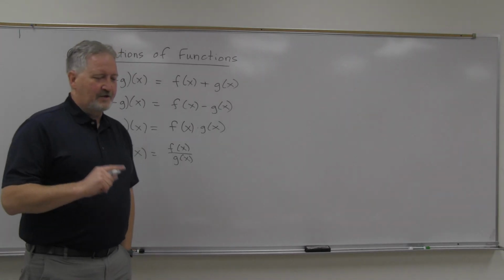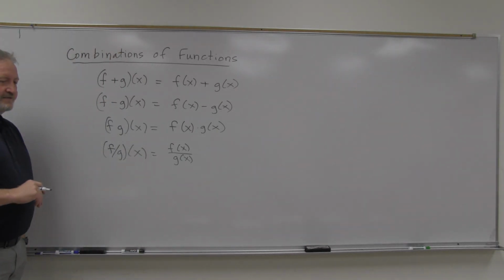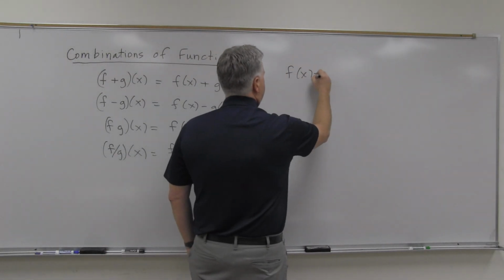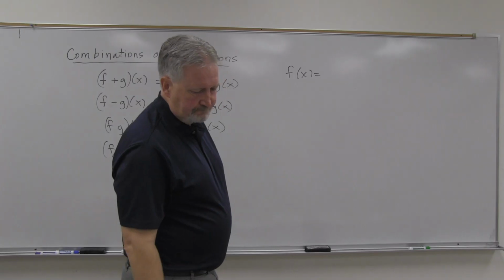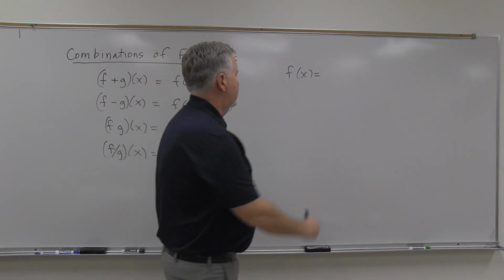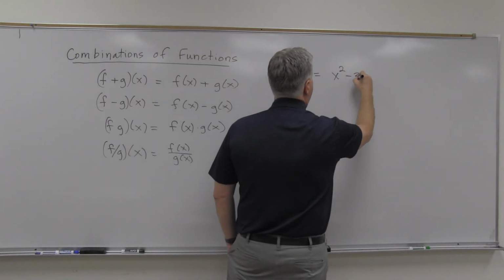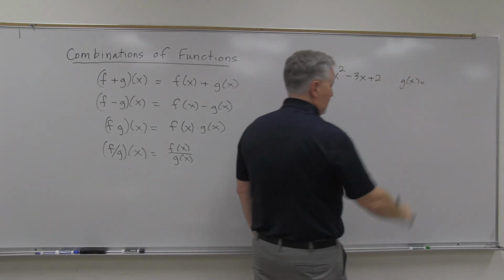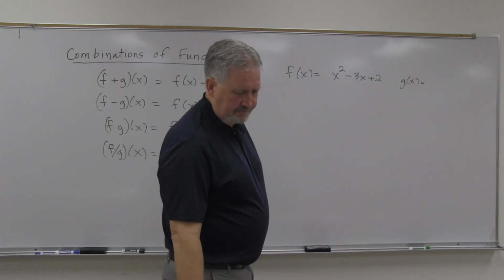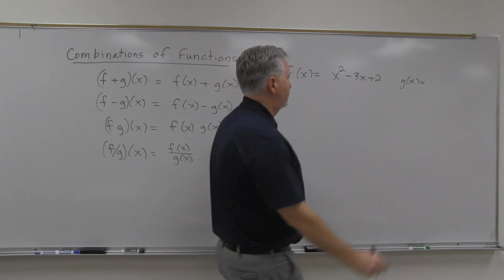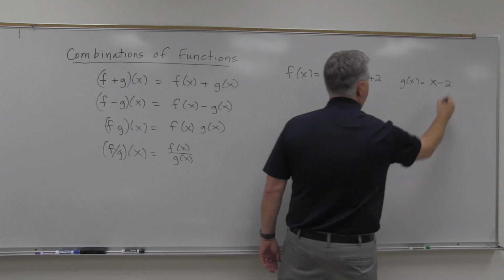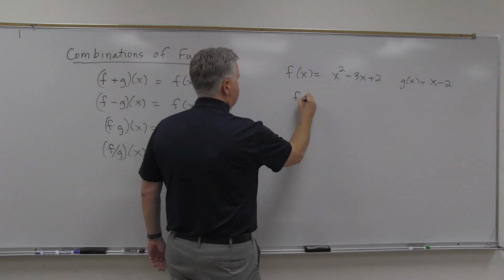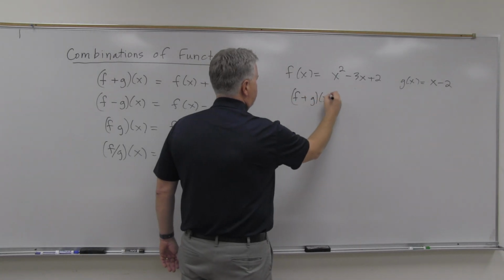All right, so let's just do a couple, and like I said, they're fairly straightforward. f of x equals x squared minus 3x plus 2, and g of x equals x minus 2. All right, so what is the f plus g of x function?